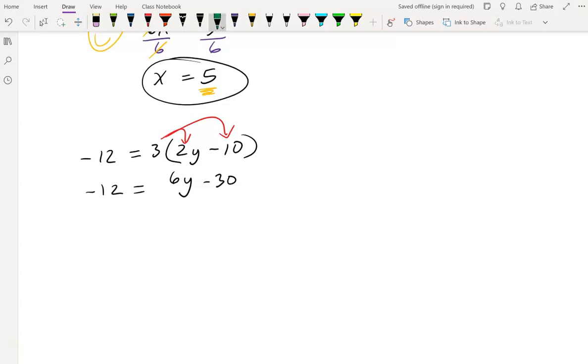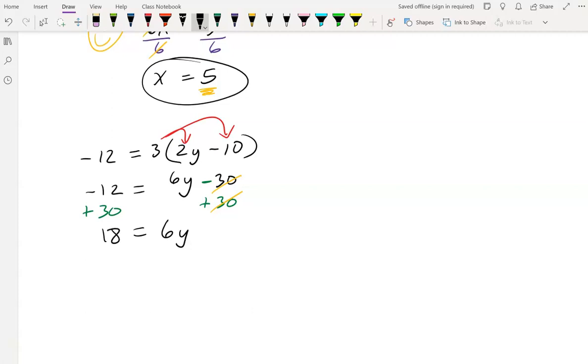All right, there's subtraction that needs to be undone, so I'm going to add 30 to both sides of my equation. These two 30s cancel each other out, so I'm left with just 6y on this side, and negative 12 plus 30. I have more positives than negatives, so my answer will be positive, and that is 18.